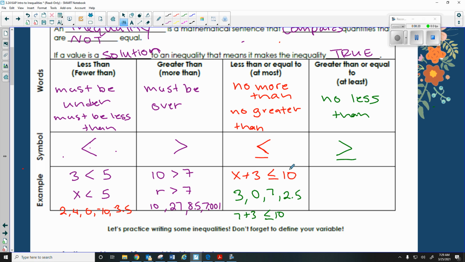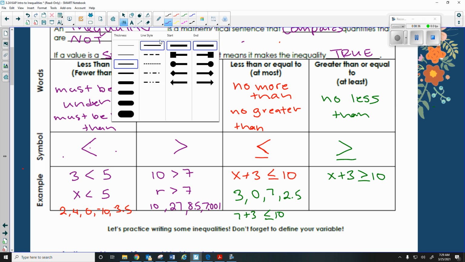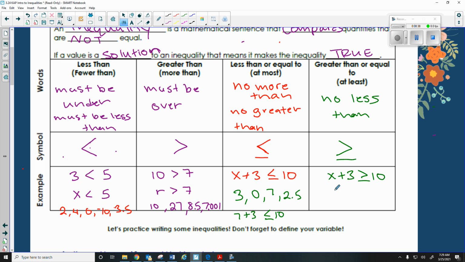So I'm going to take this inequality and I'm just going to flip it: x plus 3 is greater than or equal to 10. Again, I read it left to right, x plus 3 is greater than or equal to 10. So let's talk about possible solutions. X could be 7. That's a cool thing, 7 plus 3 is 10, which is greater than or equal to, because it has that line.